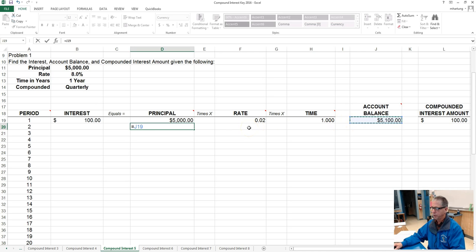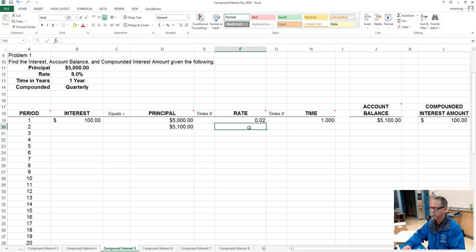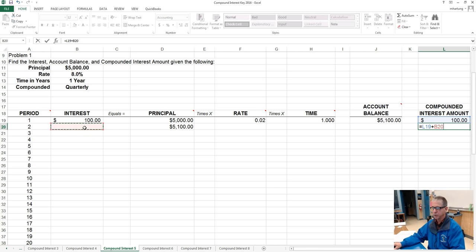The interest rate is going to stay the same. The time is going to stay the same. This formula here will be the same, but we do need a different formula here because it won't be the same. So what we're going to do is start there and put in the previous amount plus the new interest that we haven't calculated yet. We'll get to that in just a minute.